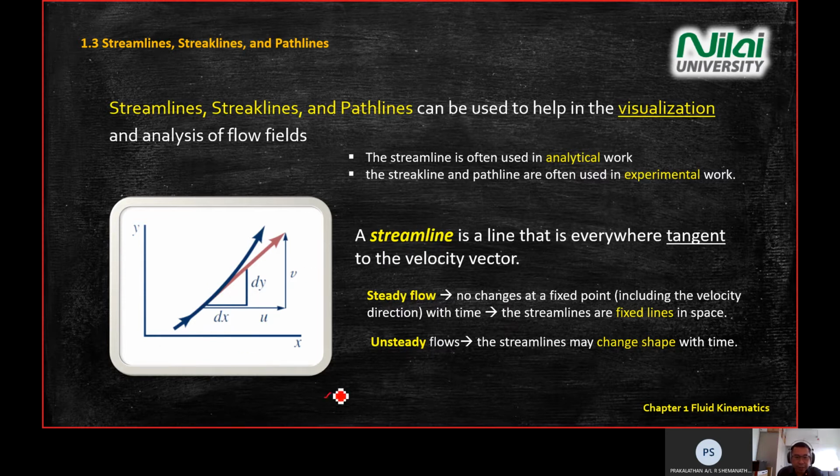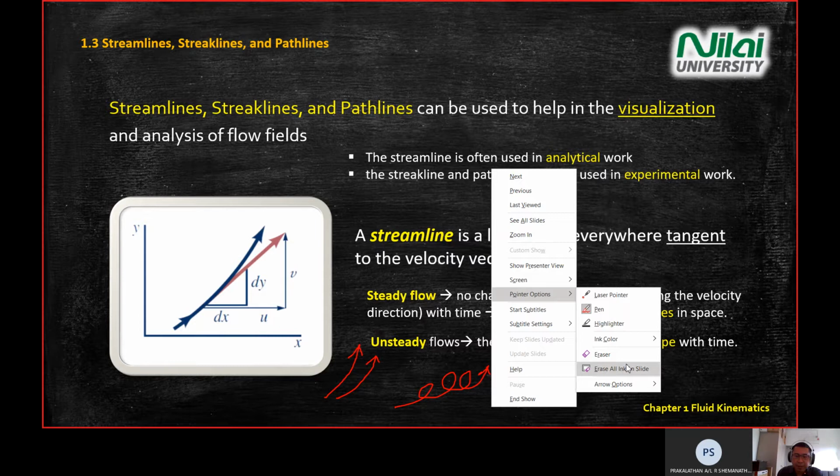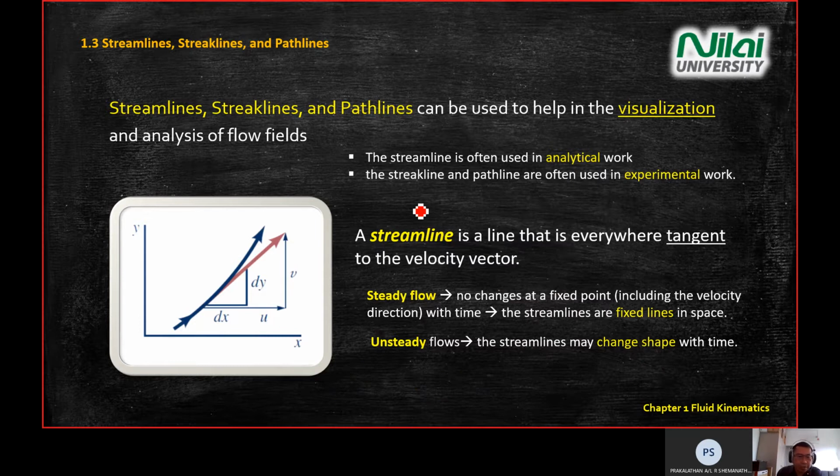If in the diagram you see this kind of streamline, it means it's a steady flow. If you see something like that, it means it's an unsteady flow. We have a clear streamline definition already.